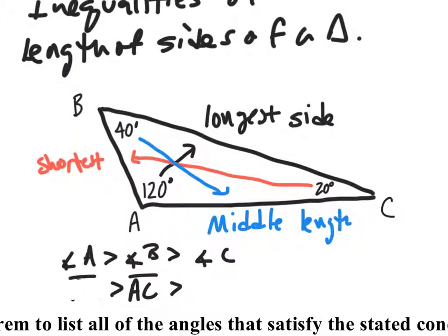This should be segment BC. So BC is greater than AC, which is greater than AB.